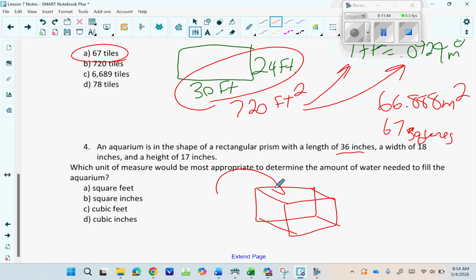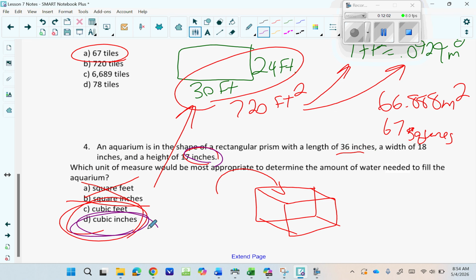Think about that, it's 3-dimensional, like I'm filling up all the sides. Up here, this was a flat surface that I covered. So it's not going to be square feet or square inches. It's going to be down here, cubic feet or cubic inches. And since the unit that they used is inches, I'm going to choose cubic inches here.